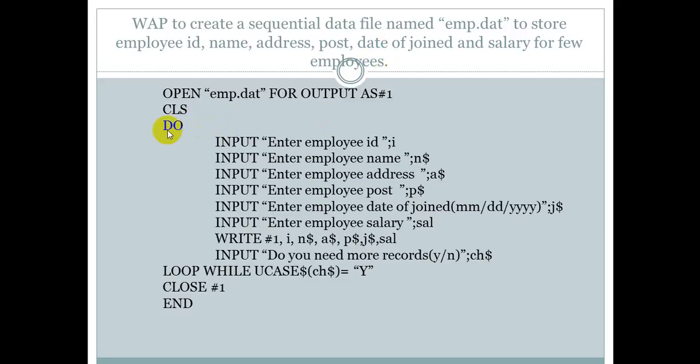So first of all, we do and give a tab here, then take input ID, employee name N$, address A$, post P$, date of join as a string, salary, and we should write the content to the data file by using the WRITE # statement, and we should ask the user whether to input more records. So this loop will continue when the user inputs y.